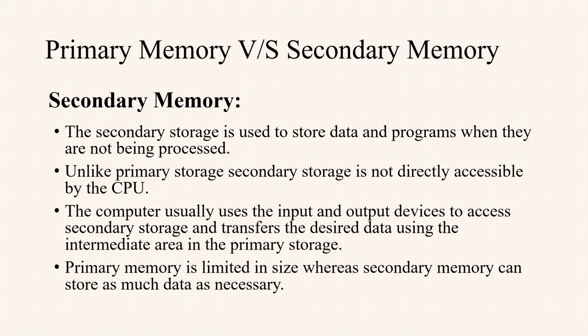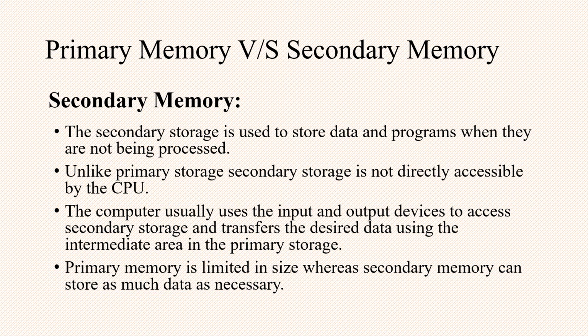So first, if the file is on your hard disk, it will be copied into your primary storage, then whatever changes you are doing will be done there, and whenever you save, it will be copied back to your secondary storage. For example, here we have taken the hard disk.